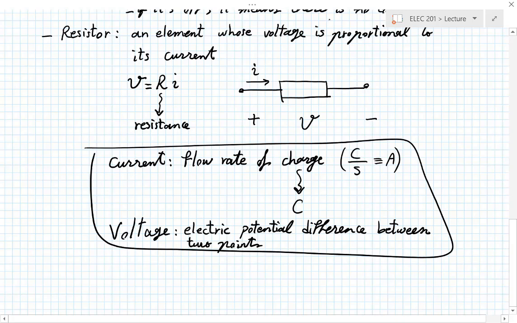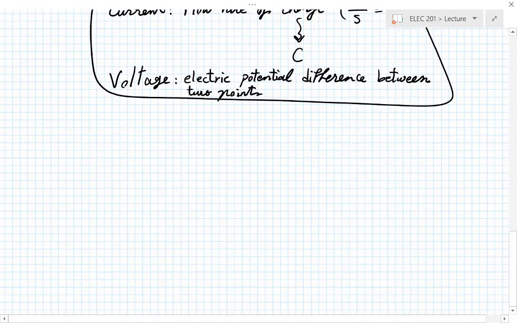If V is a positive number, sure, that's what it means. If V was 3 volts, then the left side is 3 volts higher than the right side. If V was minus 3 volts, then the left side is lower than the right side. So both current and voltage can be positive and negative.